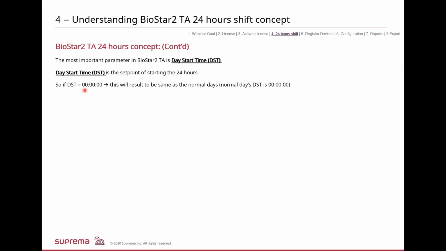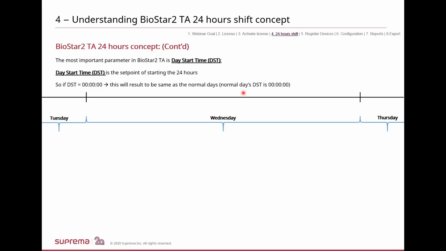So if day start time is set up in BioStar 2 to 000000, which means 12 a.m., it is going to be exactly aligned with the days. If today is Wednesday, yesterday was Tuesday, tomorrow's Thursday. How do we define the starting and ending of each day?